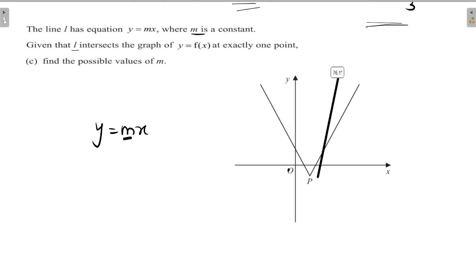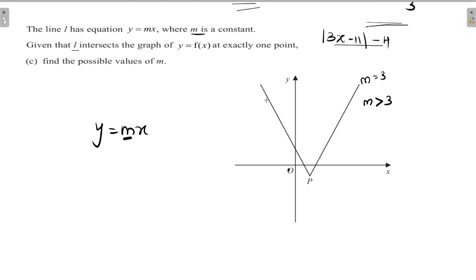So m must be greater than 3 because the gradient of this line is m equal to 3. If we draw any other line, m must be greater than 3 because the equation of the line we know, the equation is modulus 3x minus 11 minus 4, is the equation of the graph.